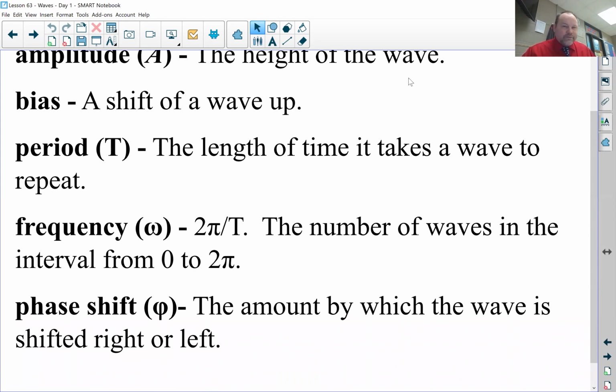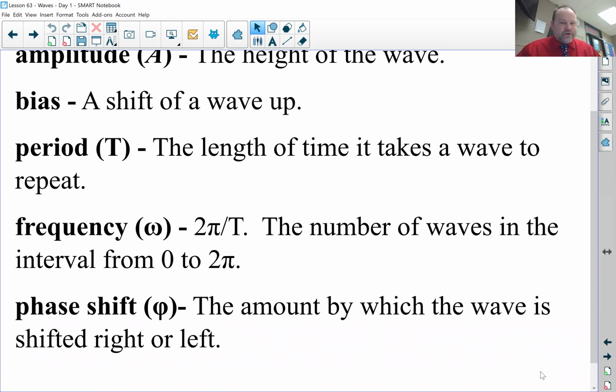And then the last one is a phase shift, and that is a shift left or right. I know with our other functions we didn't really have names for them other than a phase shift was just a translation. An amplitude would have been a stretch or shrink.